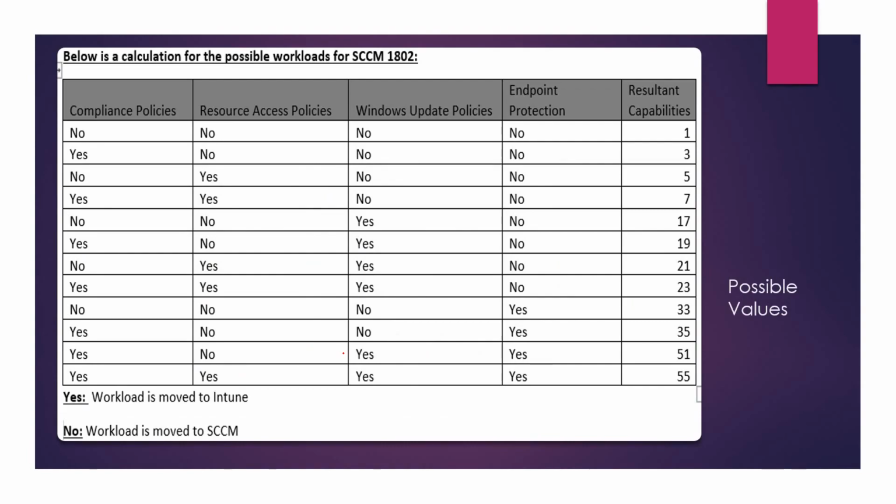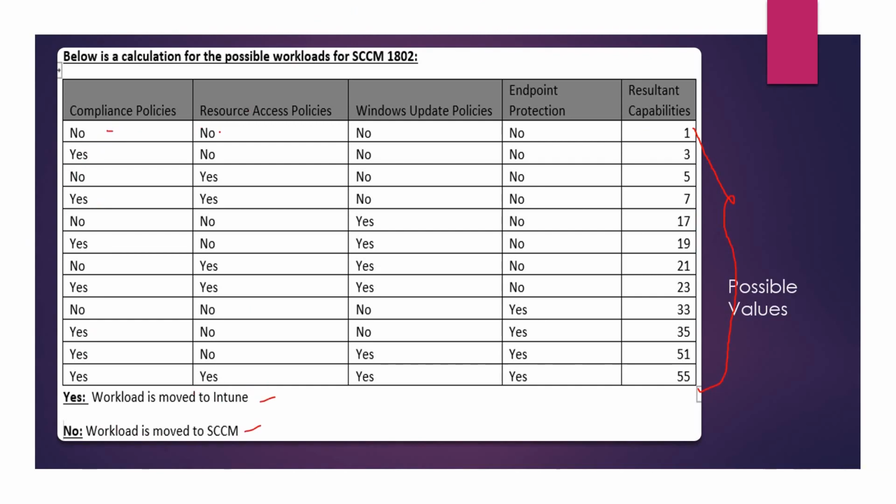So I've just done a breakdown of the possible values of co-management capabilities depending upon which workload has been moved to where. So when all the workloads are, no means workload is moved to SCCM, yes means workload is moved to Intune.